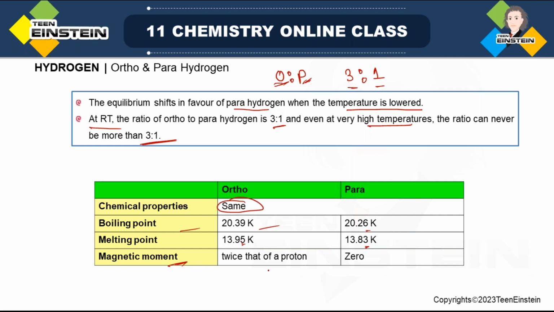But the magnetic moment, in the ortho form, both spins are in the same direction, so they do not cancel each other. In the para form it is 0, but in this case it will be twice that of a proton.